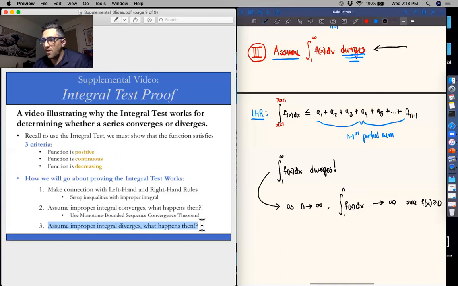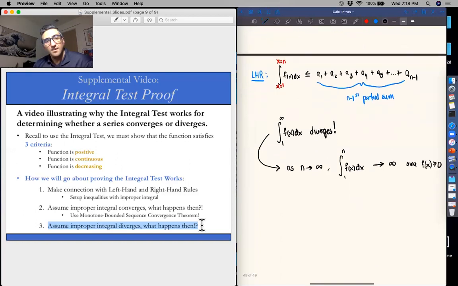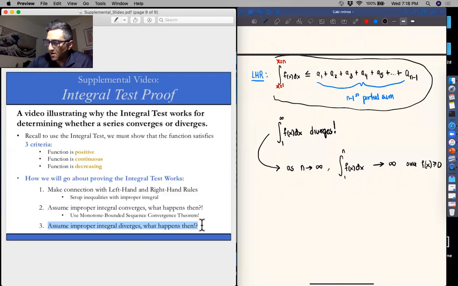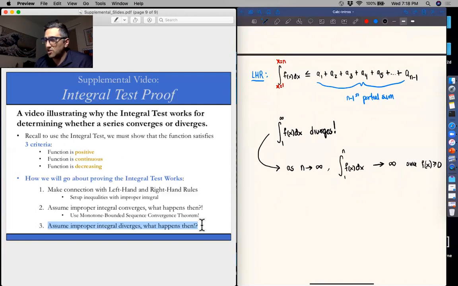Okay, the other thing for us to note in this case is, well, coming back to our inequality that we had before. We're basically going to use that inequality and this idea we just thought about. From left-hand rule, we really have the following. The integral from x equals 1 to x equals n of f of x is less than or equal to our n minus first partial sum, which I'm just going to write as the following.